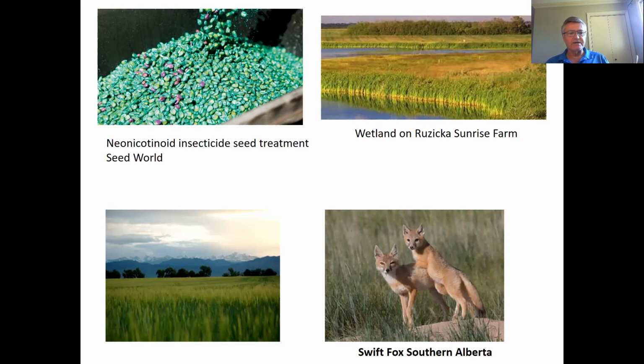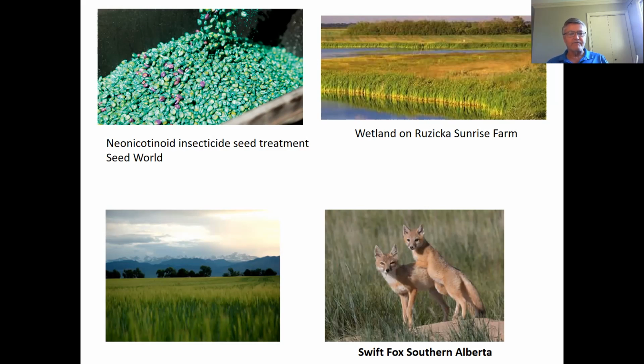That green seed there is a seed treatment, and that's corn seed, but you treat the seed with a neonicotinoid insecticide, and as the crop is growing, it is able to fend off any fungi which may attack the seeds.